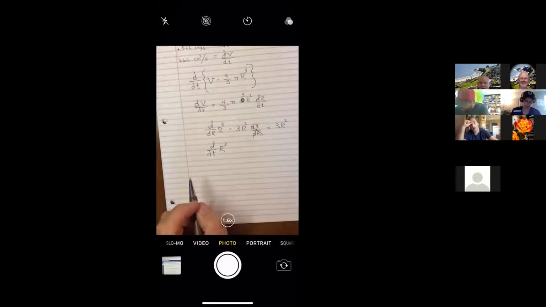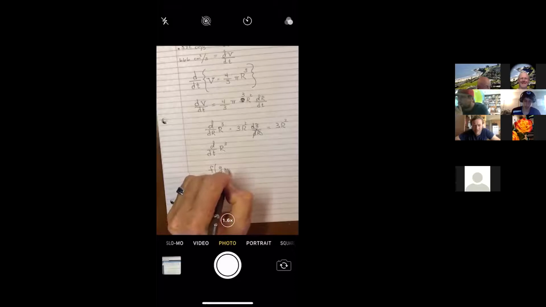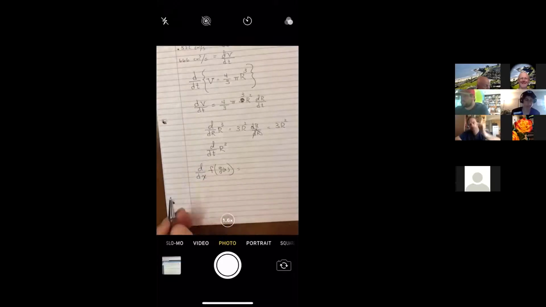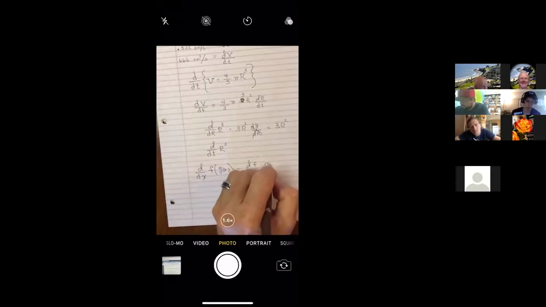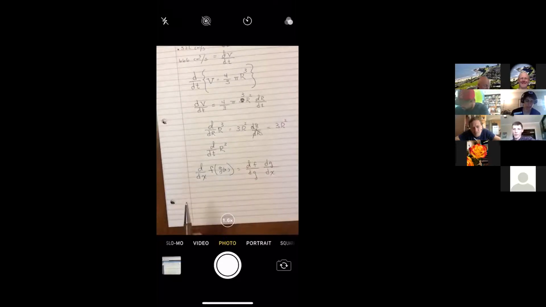And you probably saw it in a math class that looked like this. If the function f is a function of g, so it's a composite function, and you take the derivative with respect to x, you then have the derivative of f with respect to g, but then g with respect to x.